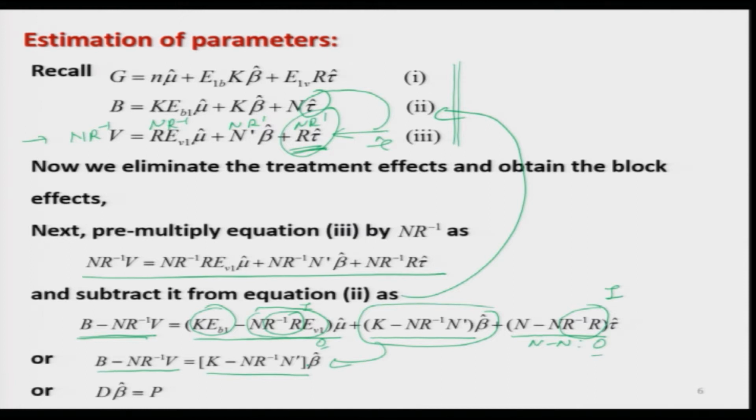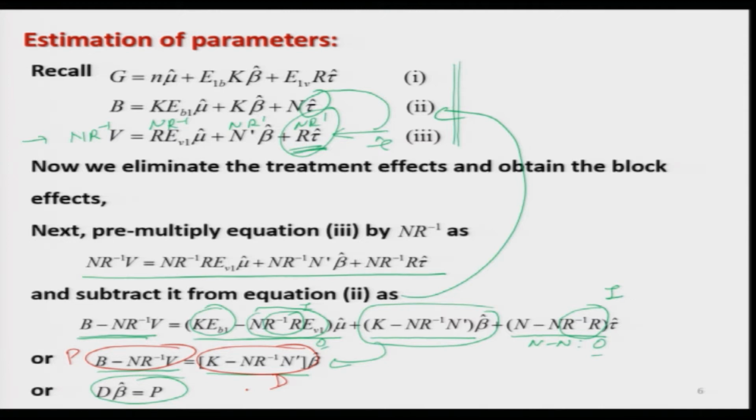Now I can do the same thing as we did earlier. I will express this equation as D β hat = P. You can identify that this quantity is P, and this quantity is D. The names are given so that you can identify them.